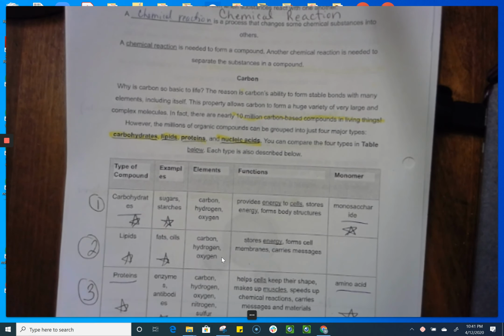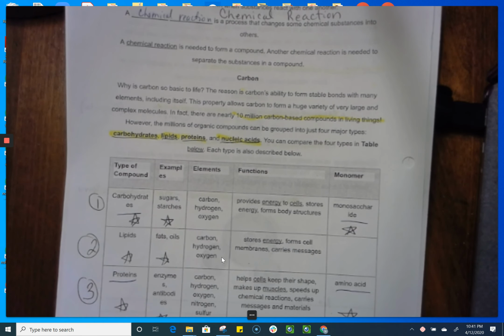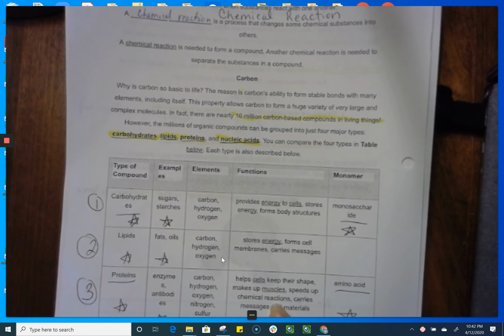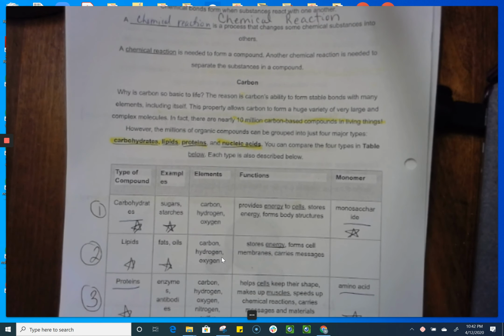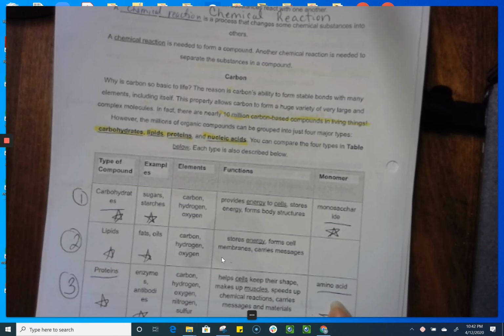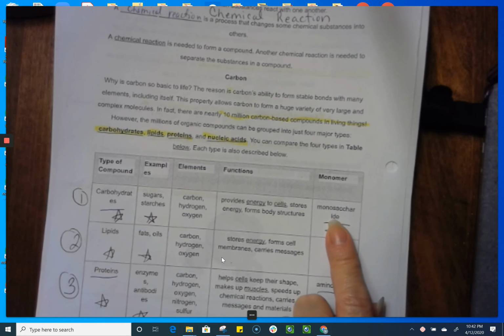Proteins, an example could be an enzyme or an antibody. We've been hearing a lot about antibodies lately. Helps cells keep their shape. It makes up muscles, speeds up chemical reactions. And the basic building block of a protein is an amino acid. Building block of a carbohydrate is a monosaccharide.